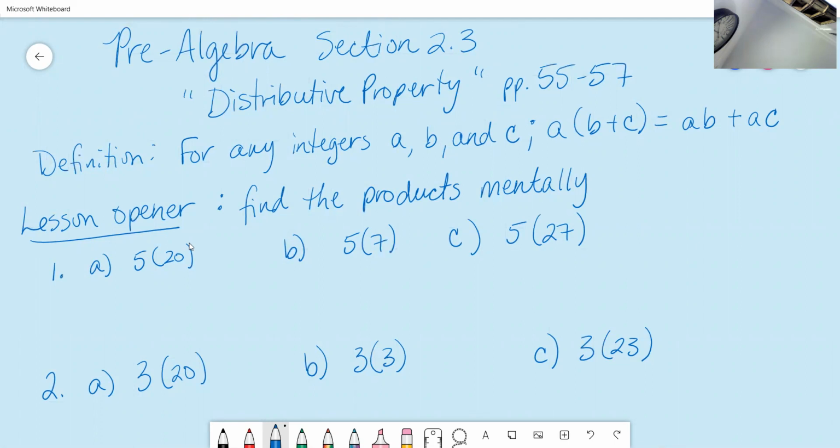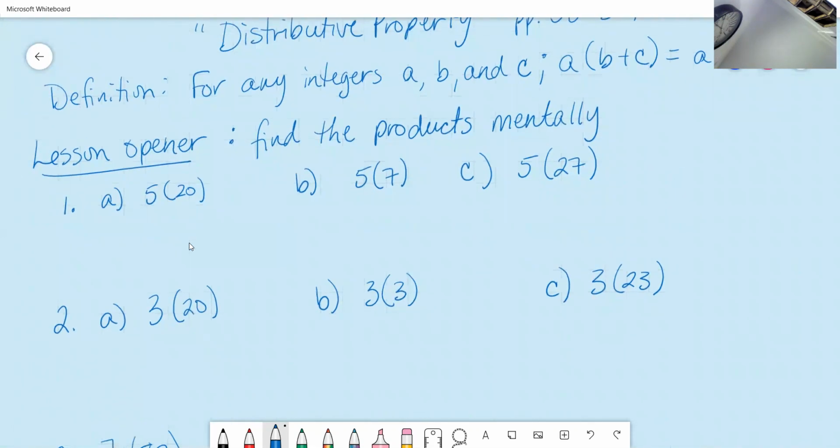So to start off, I want to give y'all a couple of examples of how we can do this to mentally calculate answers for fairly large multiplication problems. So if you look at number one of the lesson opener, you have 5 times 20, which some of you I know do this because you can get your multiplications really fast. But you know that anything times a ten number, so 10, 20, 30, 40, you just put the 0 on the end and then multiply 5 times 2, which gives you 10.